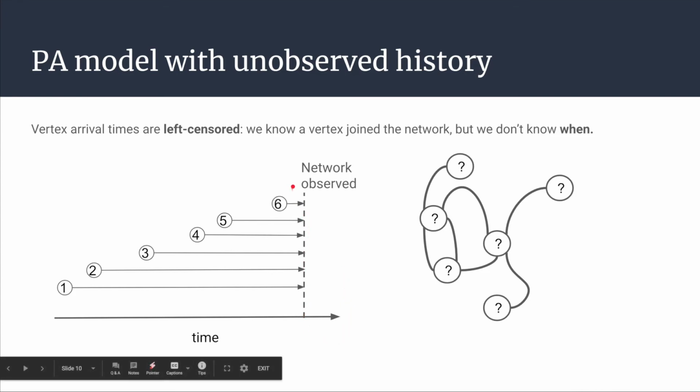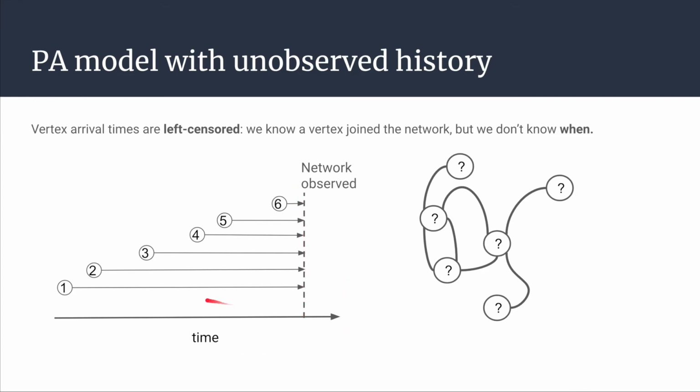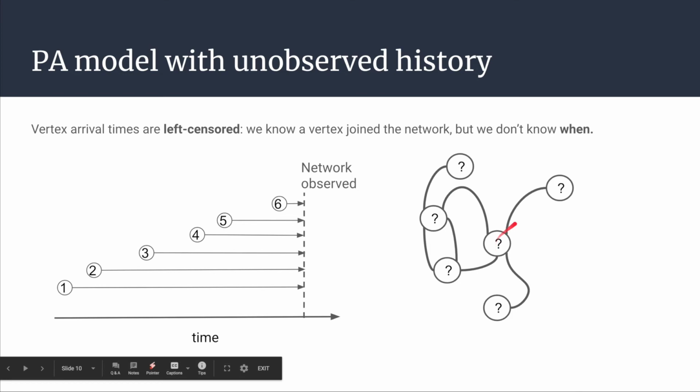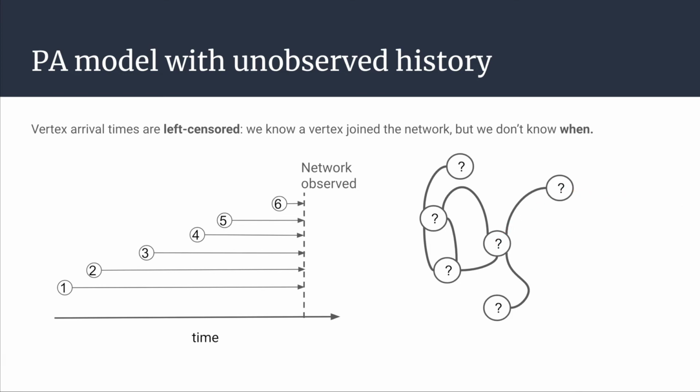So we observe a network here where this dashed line is, and let's say we have our 6 vertices in our network. So we know all those vertices are in the network. We just don't know when they appeared in the network. So instead of labeling them in the order in which they arrived, we just have question marks. Okay, so we have left censored vertex arrival times.